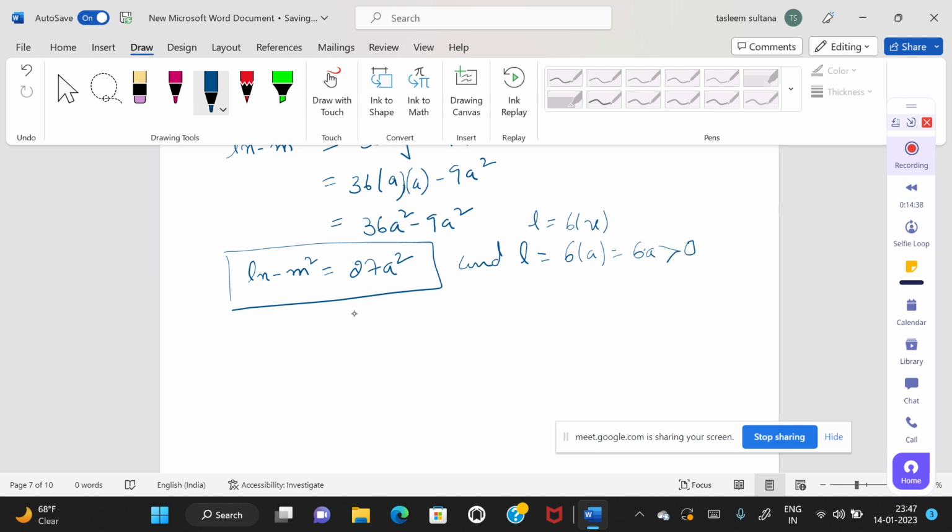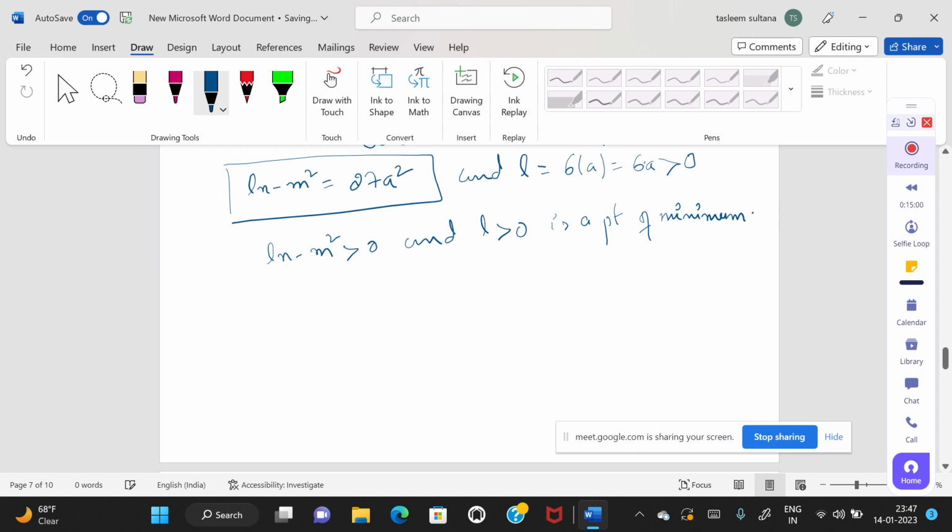Your ln − m² is greater than 0, and your l is greater than 0. Then the point is a point of minimum. Yes, it's a point of minimum.